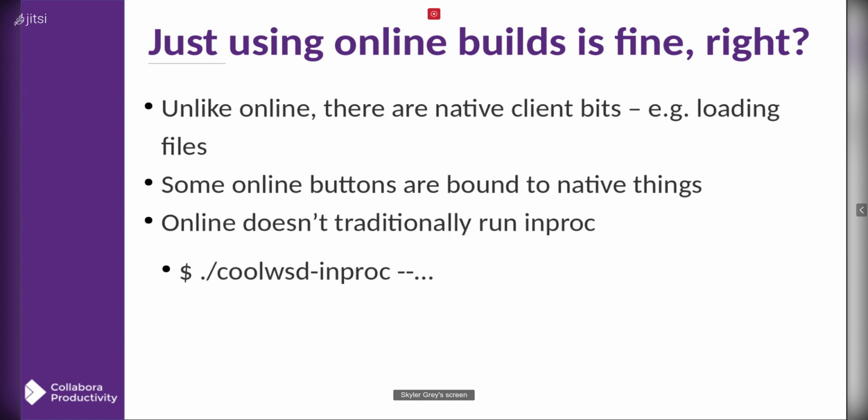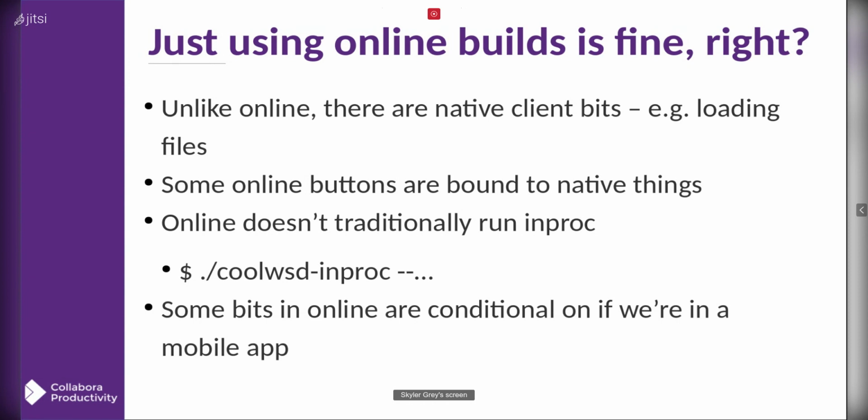And Collabora Online doesn't traditionally run in proc, and there are sometimes bugs that will only happen in proc. You can actually make it run in proc with col.WSD in proc instead of col.WSD. But this isn't the default, so when you're using make run, for example, it won't do that.